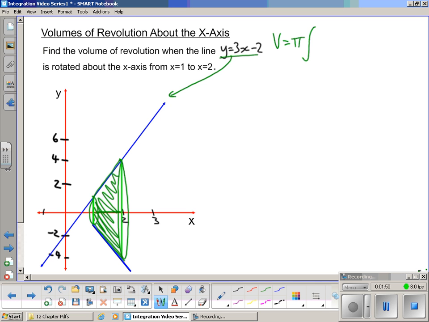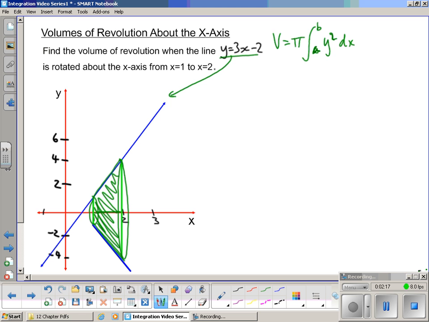Then the integral from b to a, that's an a, of y squared dx. So we're going to have to get an expression for y squared to plug into this formula. There's integration involved, and pi involved because it's a rotation.